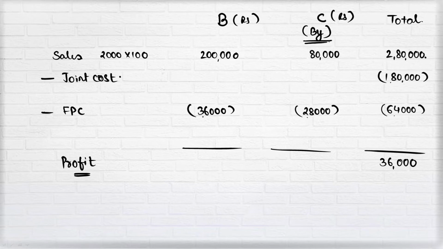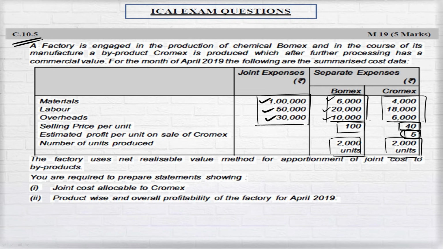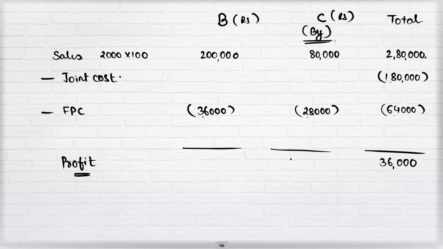How much profit does C require? It is given directly. It is 5 rupees per unit. Estimated profit per unit of sale of Chromex is 5 rupees. So it wants a total profit of 2,000 into 5, which is 10,000 rupees. So C wants a profit of 10,000 rupees. So what will be joint cost distributed to C?